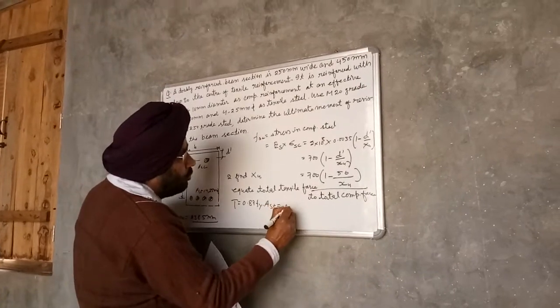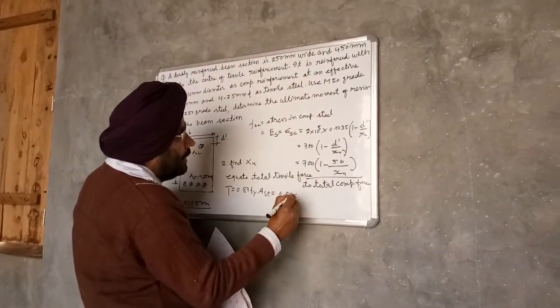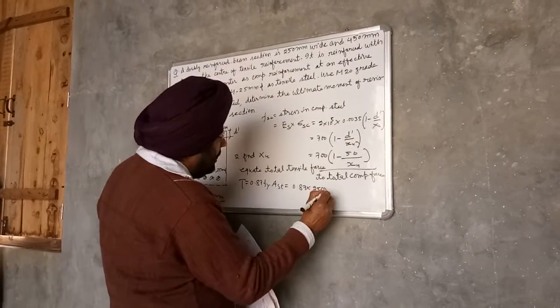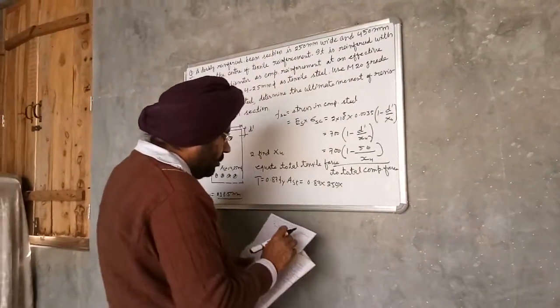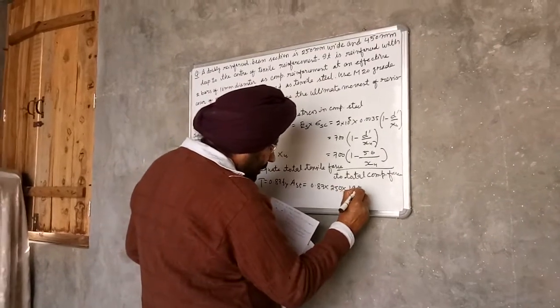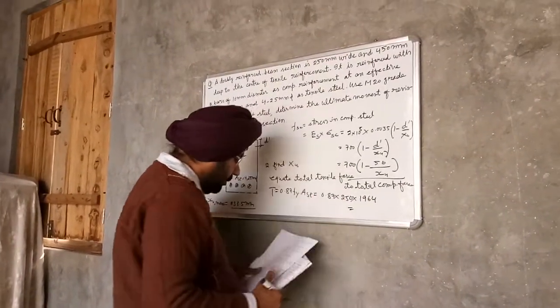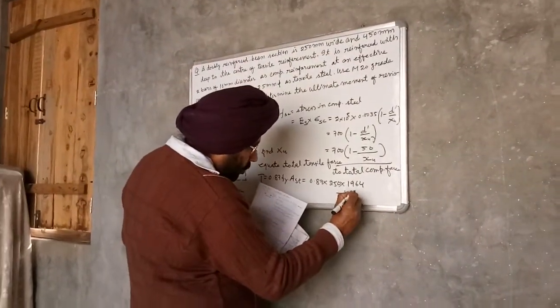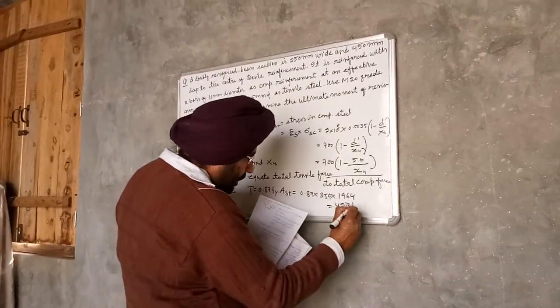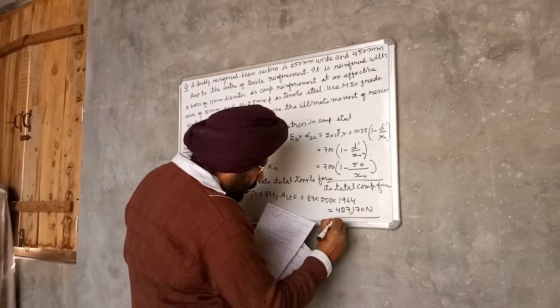So this is 0.87 fy, its value is 250, and Ast is given to us as 1964. So the value of the total tensile force is 427,170 Newton.